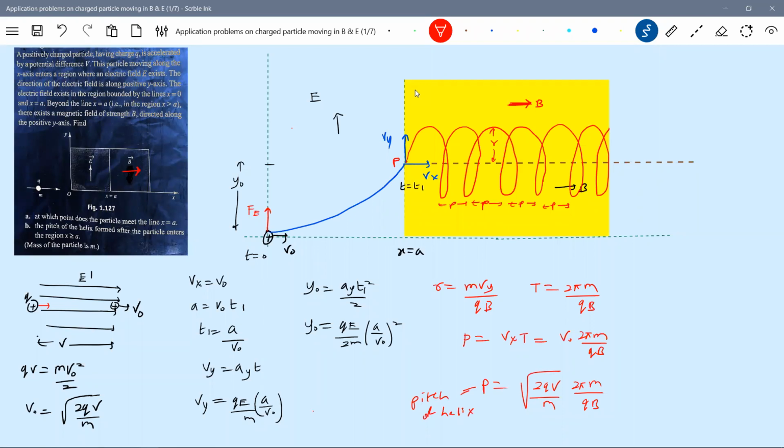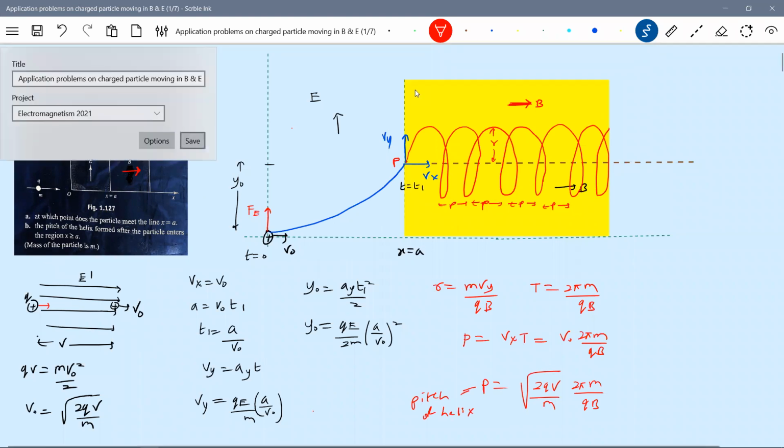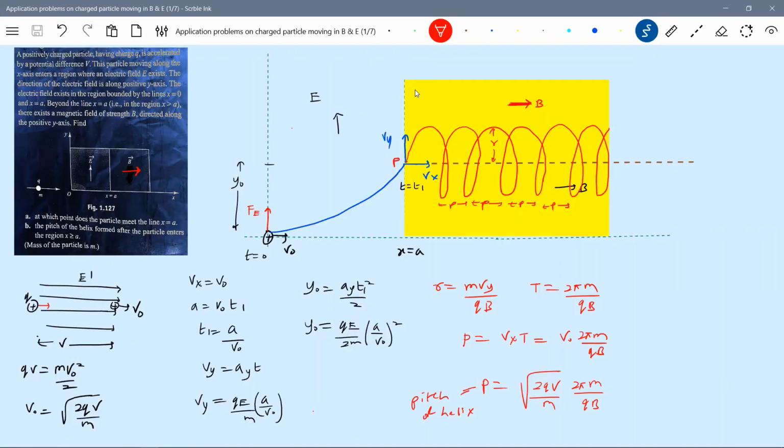You can define the coordinates of the charge particle at any time. Like in the previous class, what we did, the same thing you can carry on here also. Anybody having doubt, you can clarify. This topic will have very good questions.